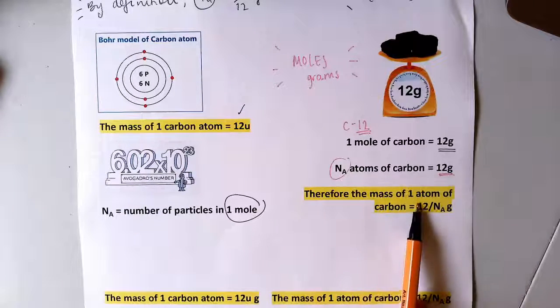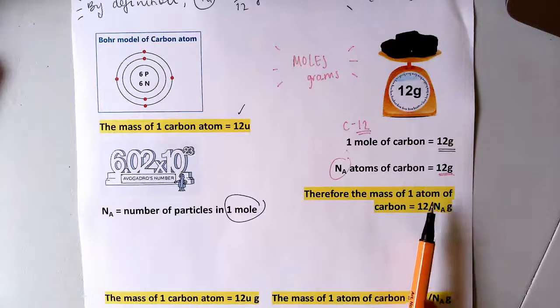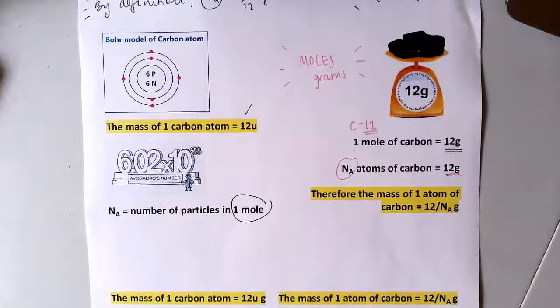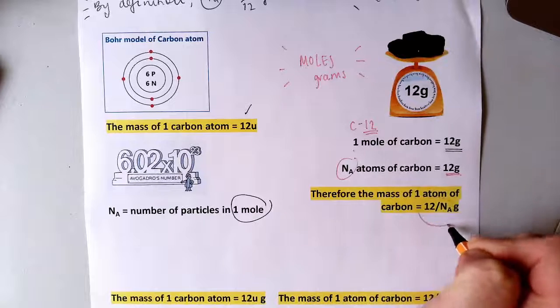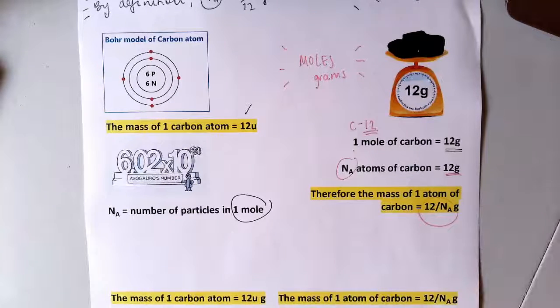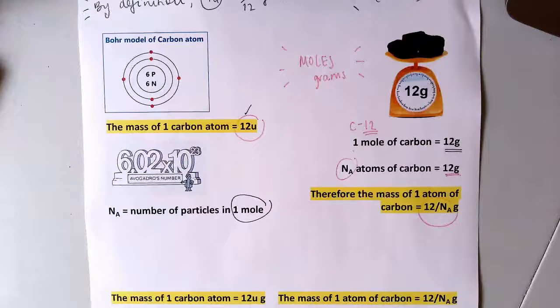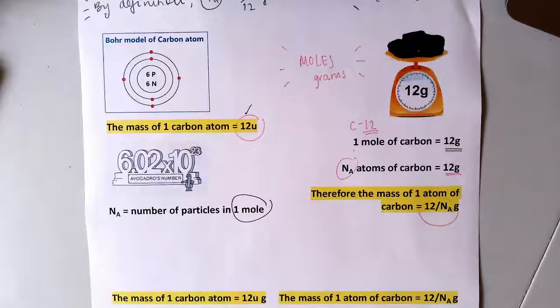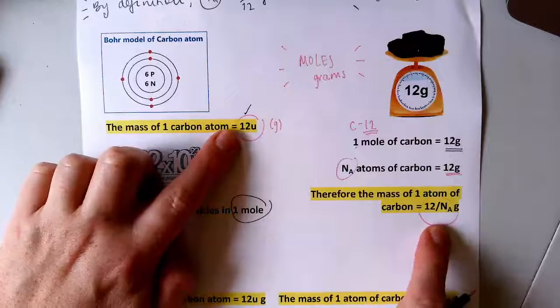So if we take that 12 grams and divide it by the number of atoms that we have, we must have the mass of 1 of those atoms. So 1 atom of carbon is now 12 grams divided by N_A. We also said earlier that the mass of one carbon atom is 12 u. That's also in grams, remember. These two are equivalent.